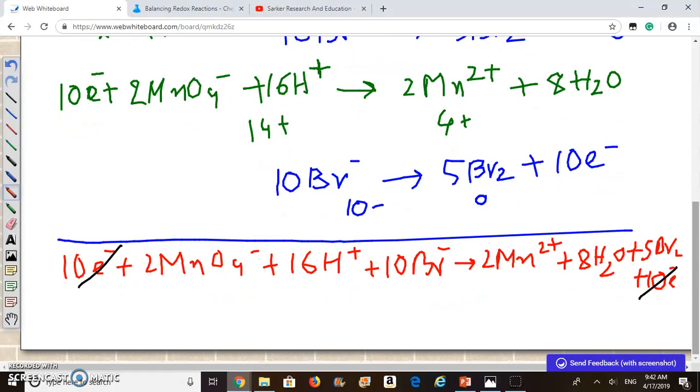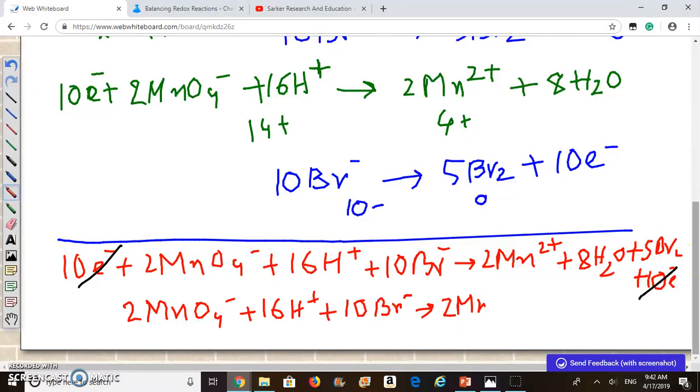Let me just write it once. So we have 2 MnO4- plus 16 H+ plus 10 Br- equals 2 Mn2+ plus 5 Br2 plus 8 H2O.